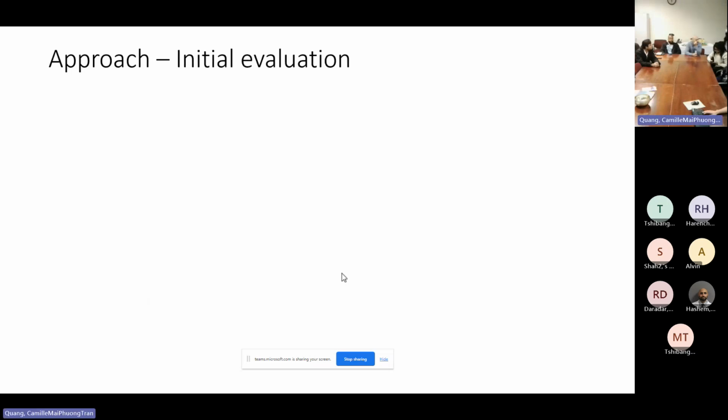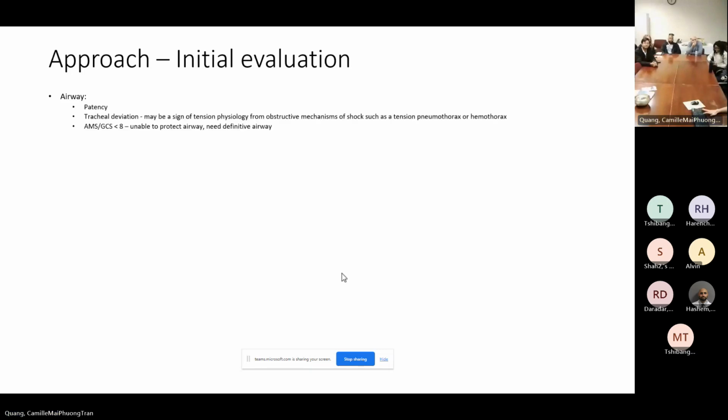So you get a patient, they're in shock. What is your initial evaluation? You guys have all seen us do trauma. Our approach to the ACS patient is very similar to our approach to the trauma patient. So we start with what? The airway. You have to ensure that their airway is patent.